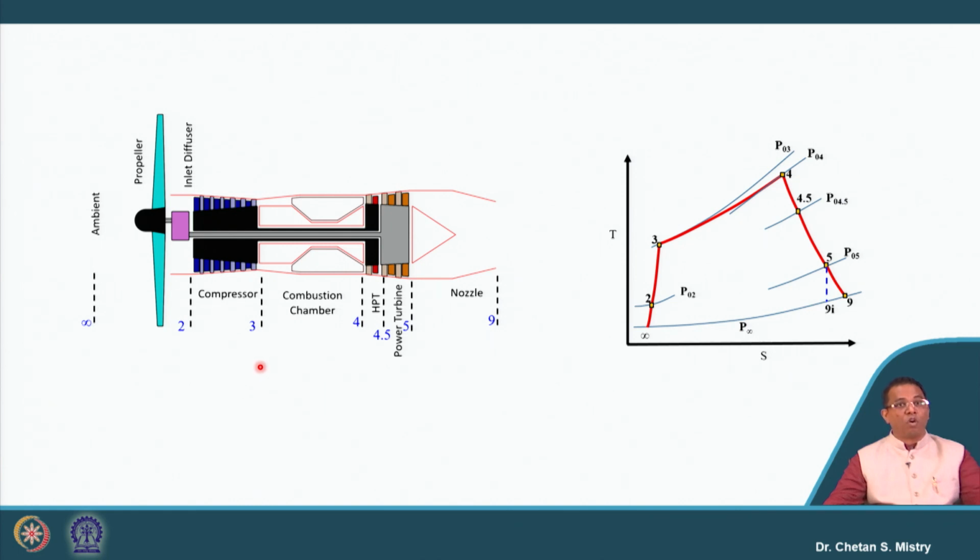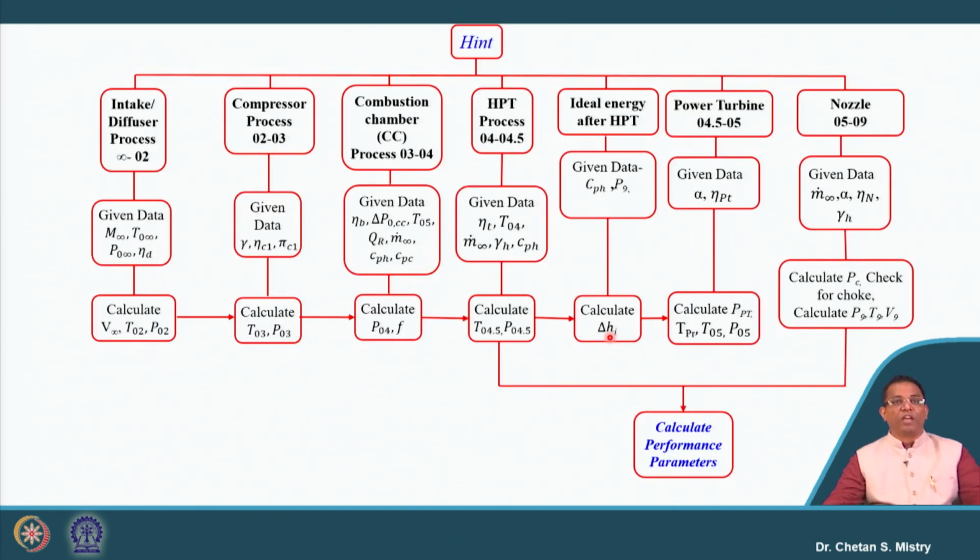Be careful about the numbering you do on the line diagram of the engine. You need to put similar numbers on your T-S diagram to avoid any confusion or misconception. Then we have given the hint where we discussed what we will be calculating in order to calculate exit pressure and temperature from different components.